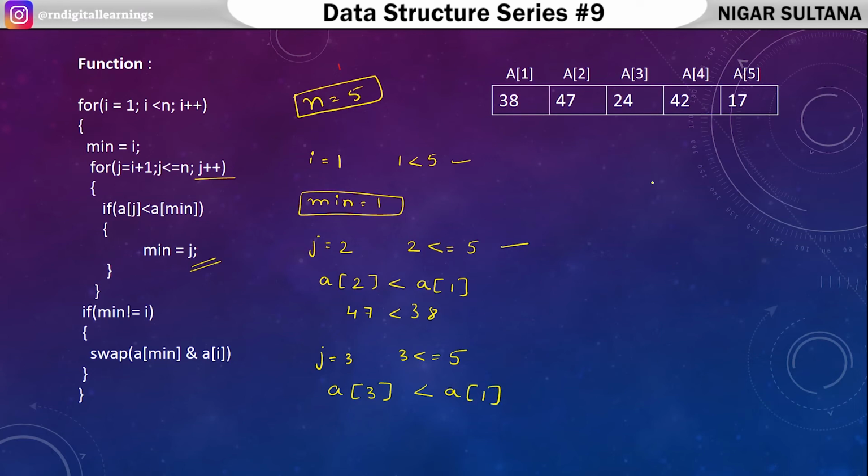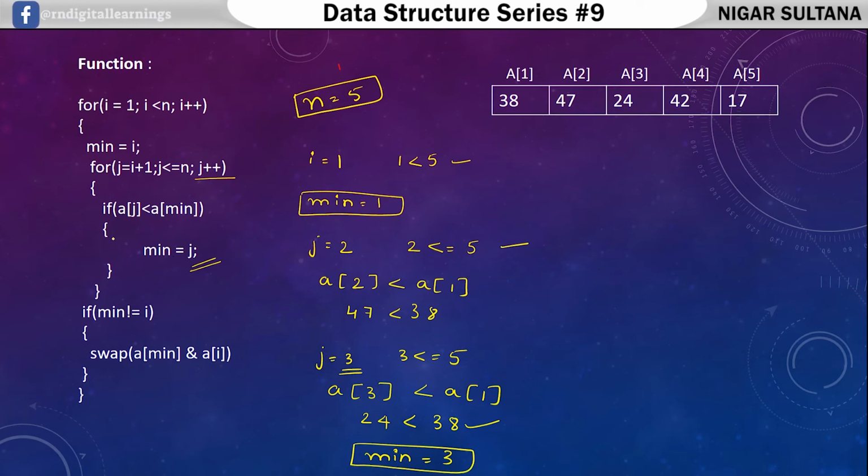Now a of 3 is 24, is lesser than a of 1, which is 38. Yes, it's true. If it is true, enter into this block and initialize the value of min with j. Now min is equal to j. What is the current value of j? It's 3. Minimum value is 3 now.